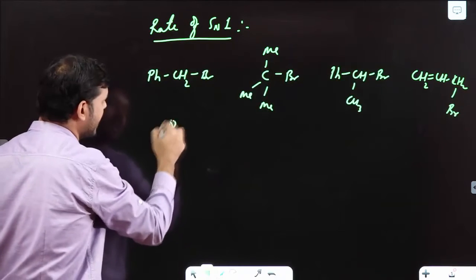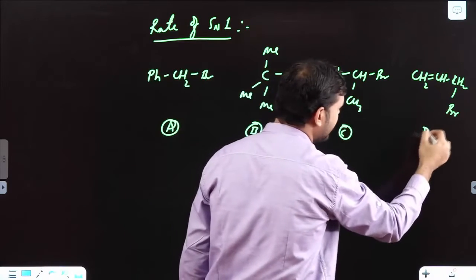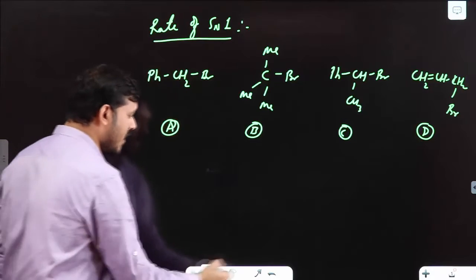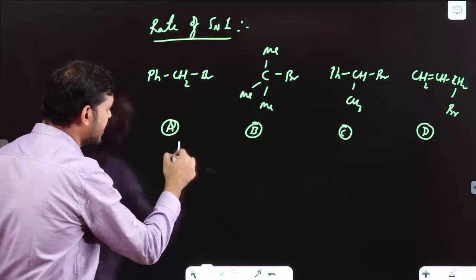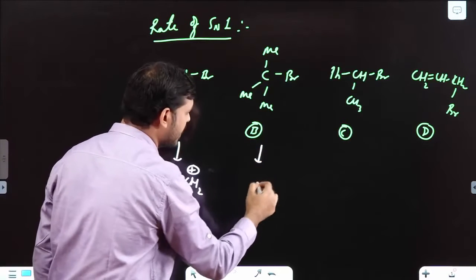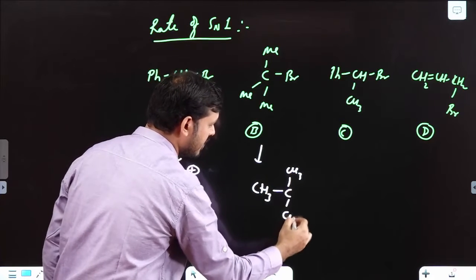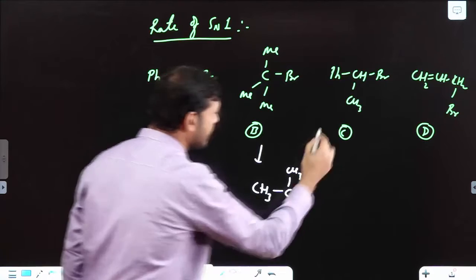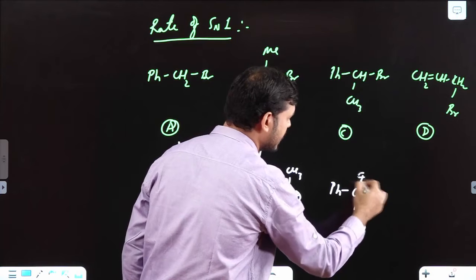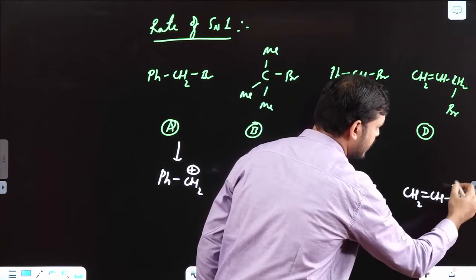See, here I have taken a very special case. If you remember my last lecture on stability of carbocations and rearrangement, then you will remember that here the carbocation generated is PhCH2 plus. Here the carbocation generated is CH3 plus, but here it will be CH2 plus.